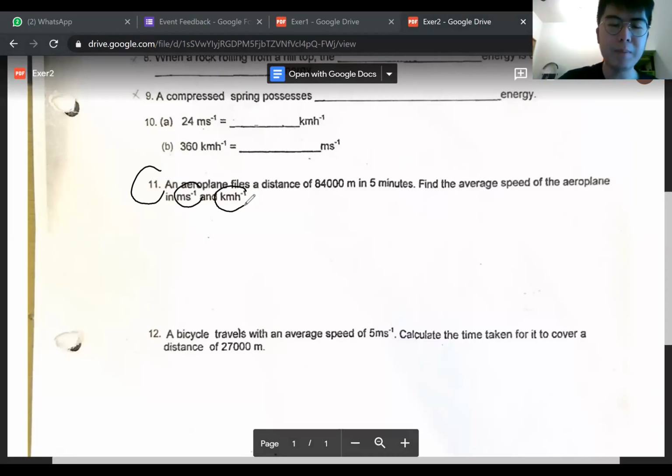Now, every time you encounter a calculation, you have to know what you want to find and what is given to you. In this case, you want to find the average speed, S. What is given? You have distance of 84,000, labeled D, in 5 minutes.